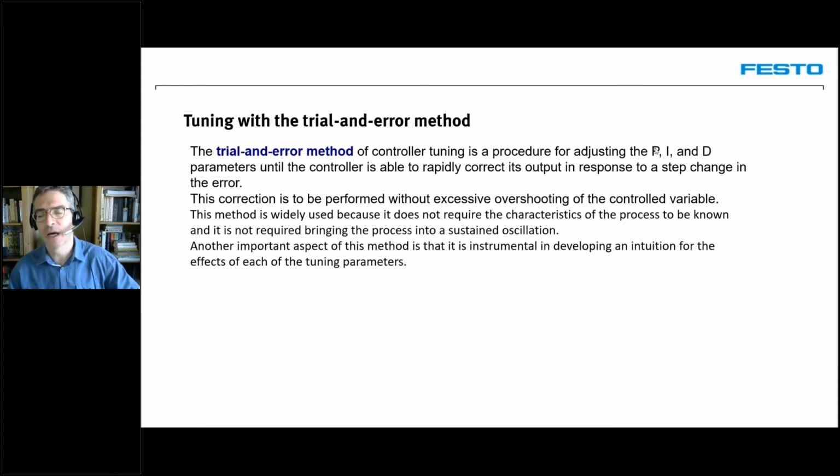By changing its value and seeing how the system responds, if it's not responding strongly enough, we will increase the value. Eventually, we will reach a point where the P parameter is responding too much, so we will come back to a previous value of P. Then we will do the same thing for I, and then for D, and eventually we will have found the three values that yield a good result.